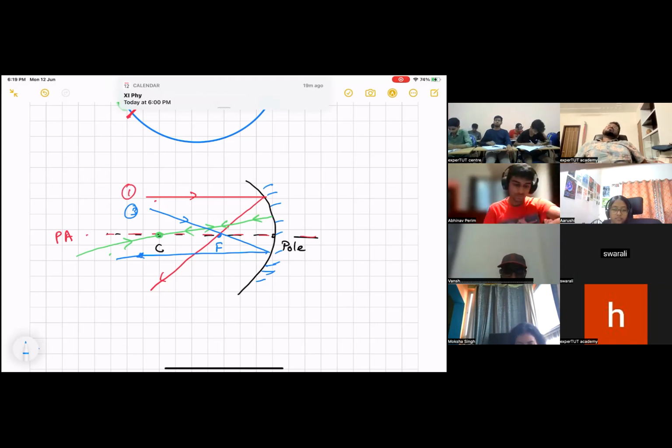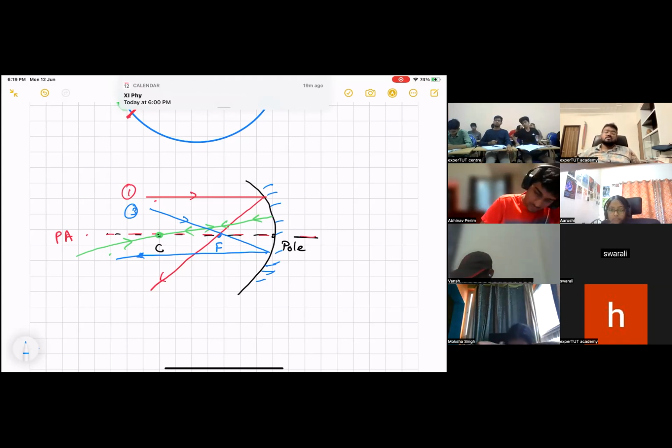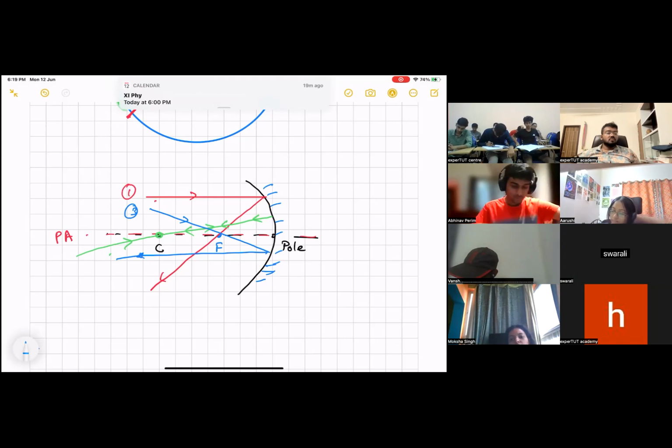So, can you repeat once? First, a ray passing parallel to the principal axis will pass through the focus. First done. Second, a ray passing through the center of curvature will go back undeviated, or go back on its same path.